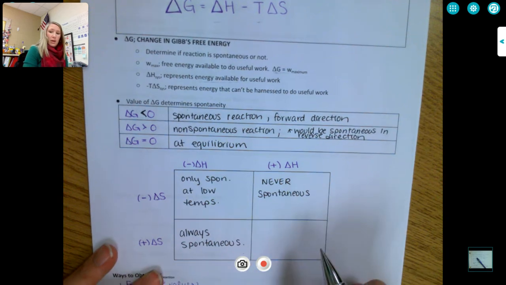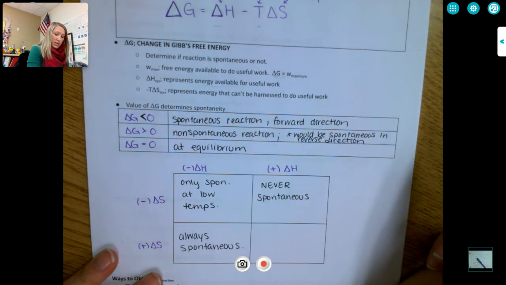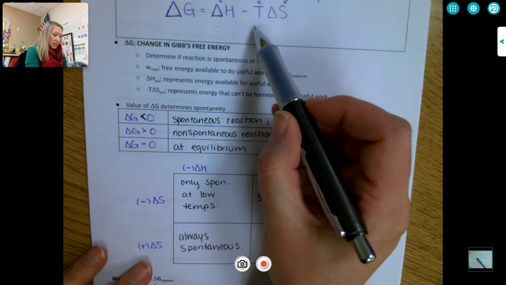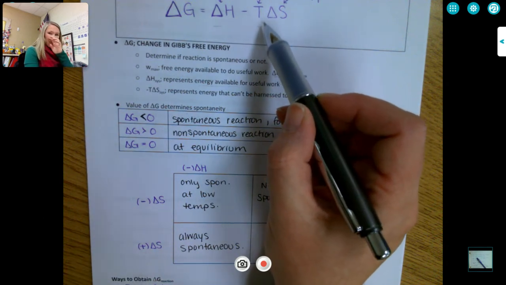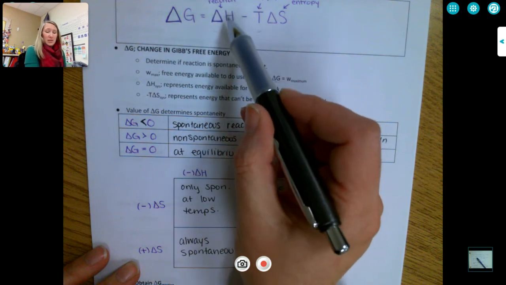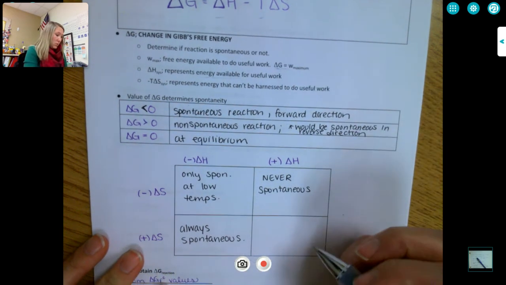Okay. But what if I have a positive delta H and then I'm subtracting some amount of entropy, which is also positive? Well, if this value can get big enough, can it get bigger than my delta H value and overcome it? Well, then overall I'm going to have a negative value.